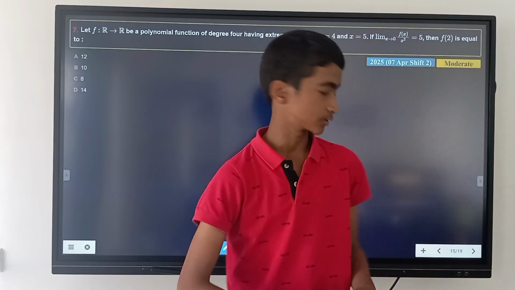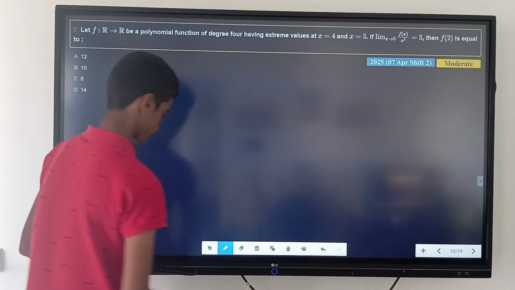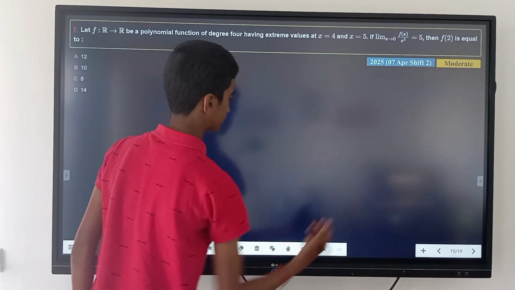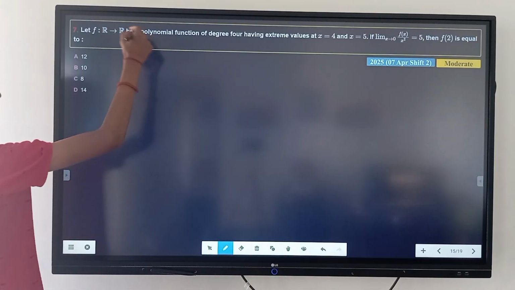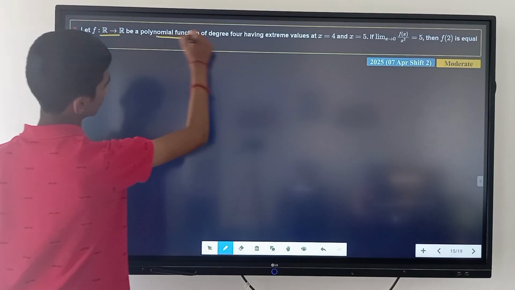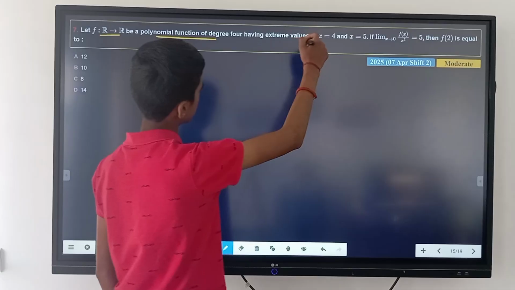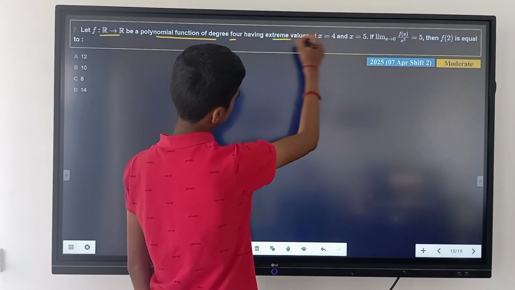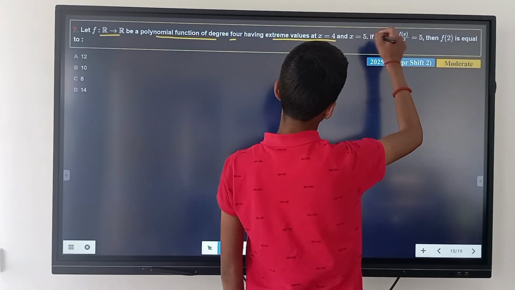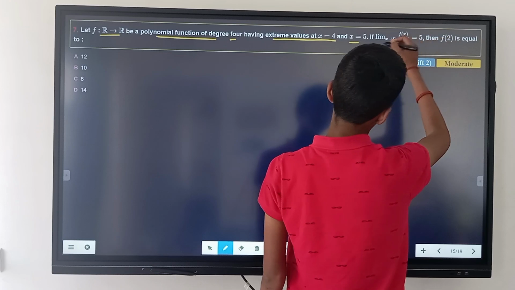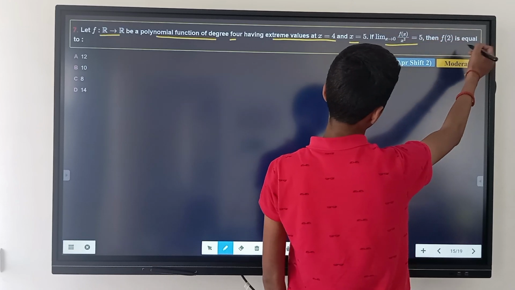Here is our next question. This time our question says: let f from R to R be a polynomial function of degree 4 having extreme values at x equal to 4 and x equal to 5, and this limit is equal to 5.